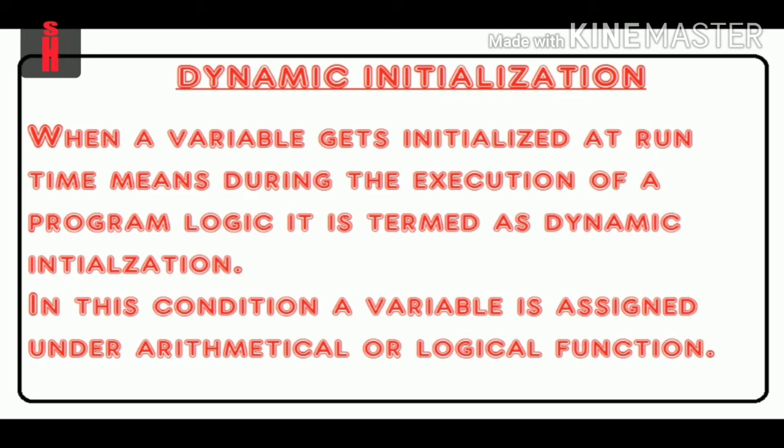When a variable gets initialized at runtime, meaning during the execution of the program logic, it is termed dynamic initialization. When we provide the correct or specific value to the variable in the data type in which it is defined, that type of initialization is known as dynamic initialization.